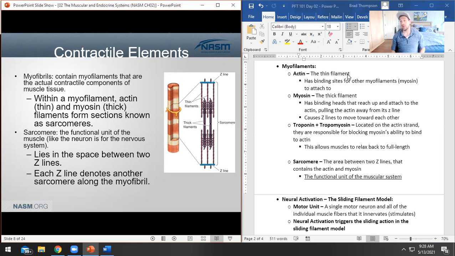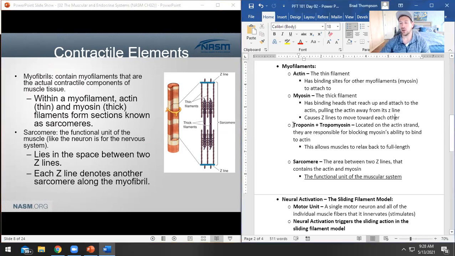That wouldn't be very good, because then we would make a muscle contraction and it would just be stuck that way for the rest of our life. So how are we able to stop these contractions from happening? Well, luckily, you have some regulatory proteins that live on the actin strand that can block their binding sites and keep your muscle from doing its contraction.